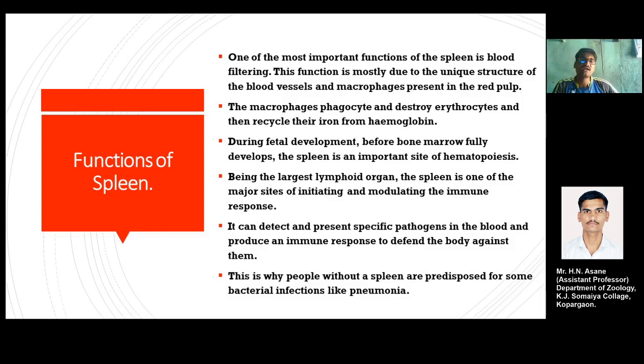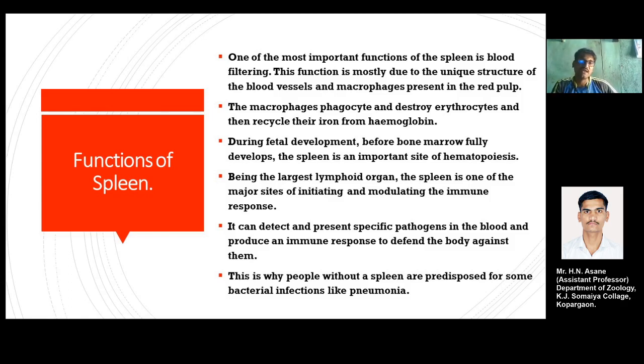Being the largest lymphoid organ, the spleen is one of the major sites of initiating and modulating the humoral responses. All the humoral responses are modulated by means of the spleen. All the primary humoral response and the secondary humoral response you will see in immunology.